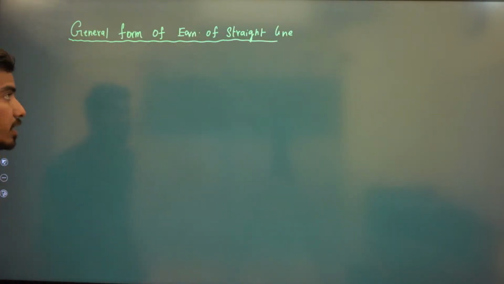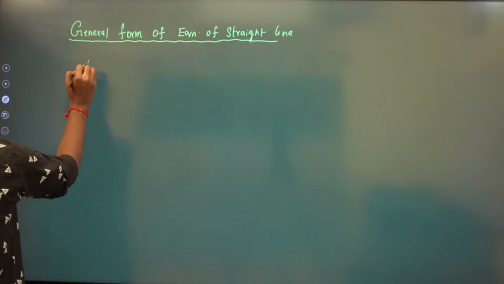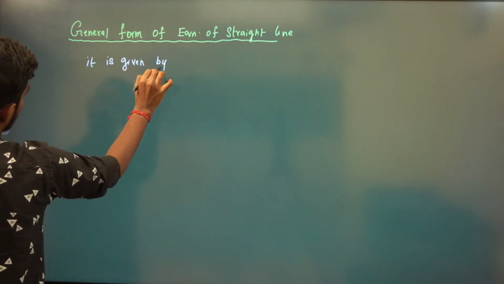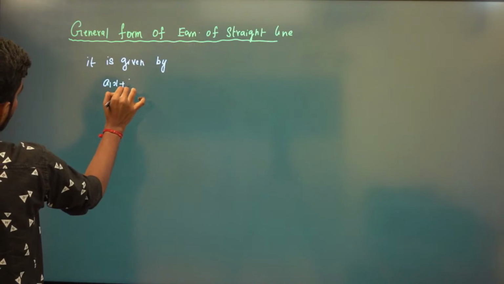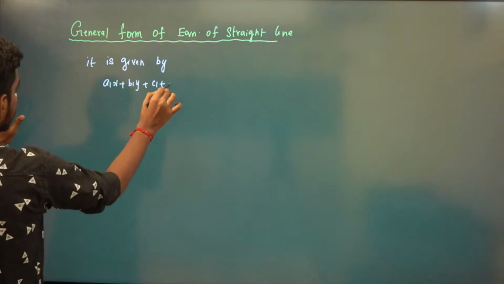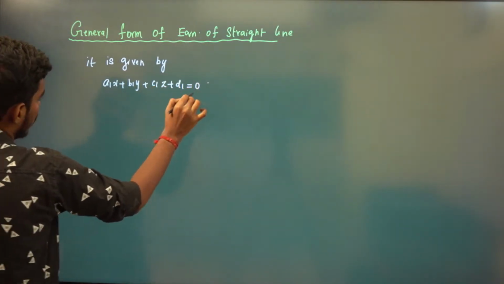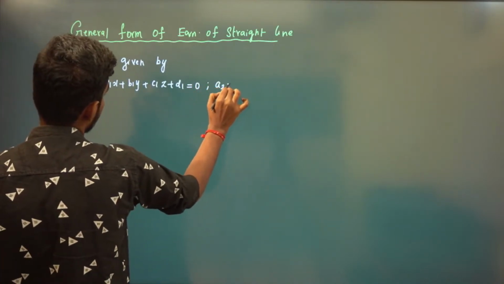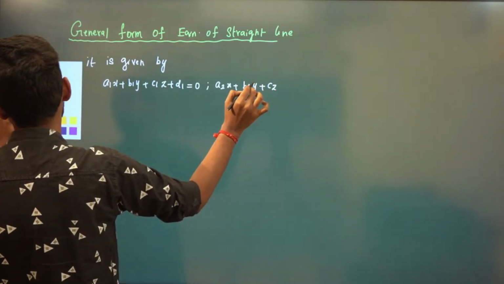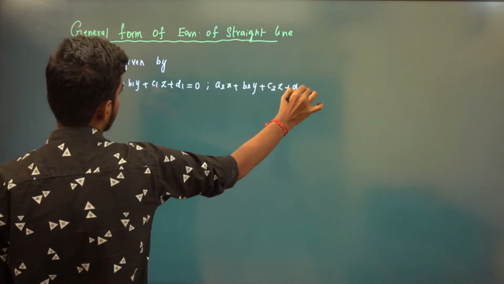They will give two planes: a1x plus b1y plus c1z plus d1 is equal to 0, and one more plane, a2x plus b2y plus c2z plus d2 is equal to 0.